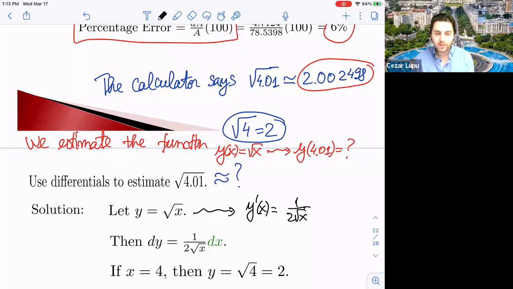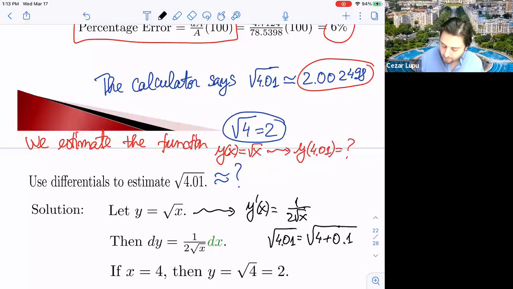But now we're not interested in just computing the square root of 4. We're interested in modifying it a bit. I want to ask you something. You see, the square root of 4.01 is nothing other than the square root of 4 plus 0.01.